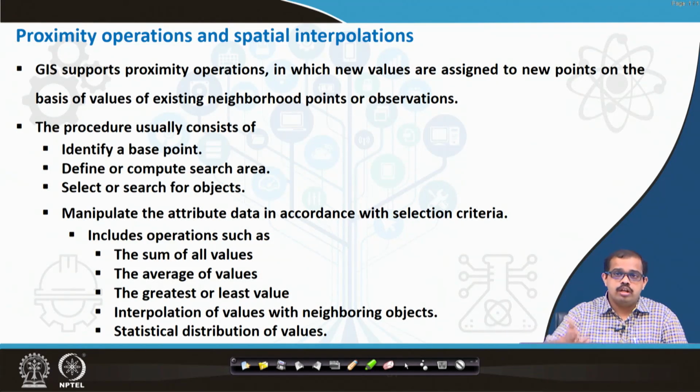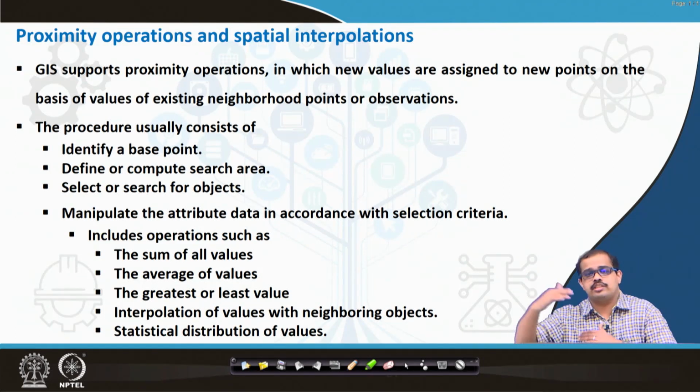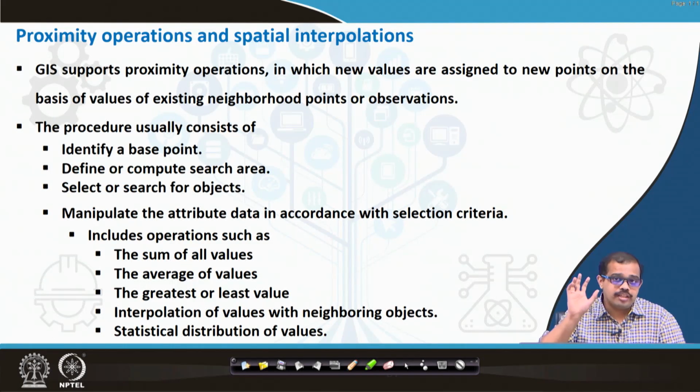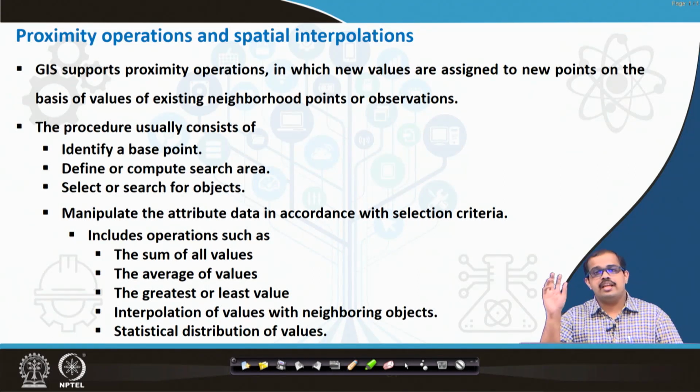If I want to look at the gradient of rainfall across that region where there are 10 meteorological stations, I would look at interpolation of values with the neighboring objects. So, I know in between those stations what change of values has happened, the gradient of change. Once you have the gradient of change and represent it as a thematic map, it is easier for anyone to understand what kind of rainfall is there in that region.